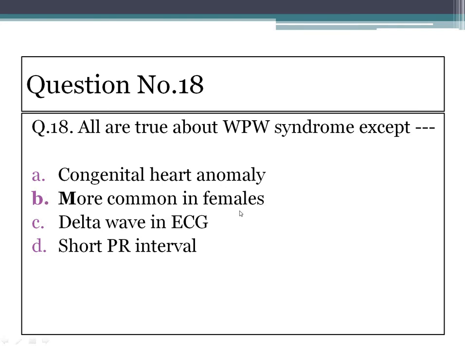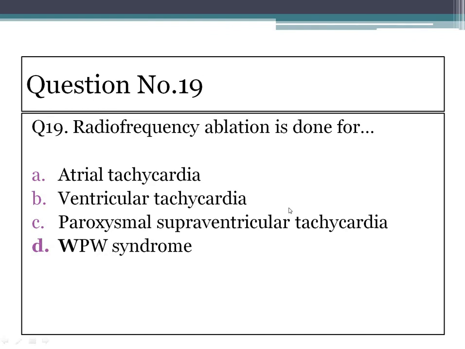Option B, more common in female. Option C, delta wave in ECG. Then option D, short PR interval. What is the answer? That is except, that is the question. So the correct answer is what? More common in female. Other options are correct regarding WPW syndrome. We can discuss what is WPW syndrome. One more question, then we can discuss.